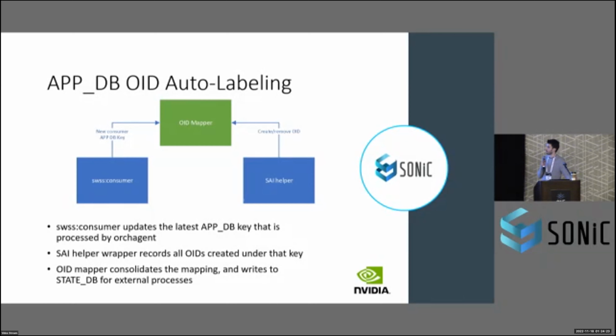So when Orchagent is running, we kind of hijack the consumer and we update what is the latest FDB key that is processed by Orchagent. And we also wrapped a little bit the SAI helper to record every object ID created under that key, so that OID mapper consolidates this information, writes it to state DB for external processes to use.